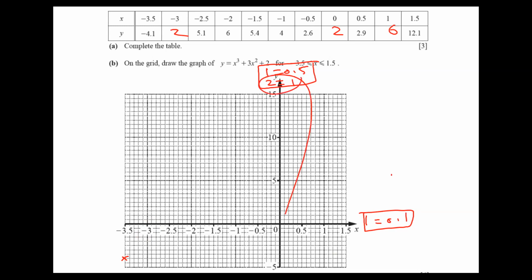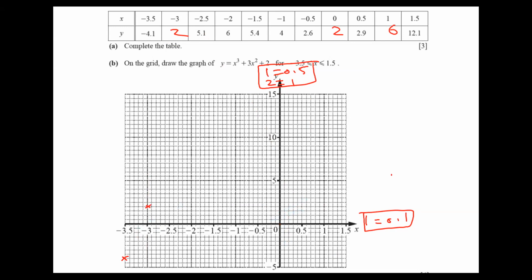Because two boxes is 1, two boxes up is 1. Sorry, it's positive, make sure it's not down. Two boxes is 1, again two boxes is 2. So this is the line of 2 and this is the line of -3. They both meet here. Done.